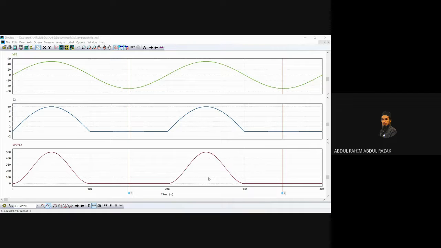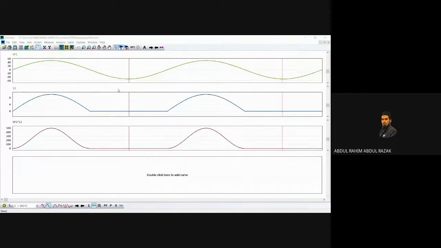Because if we put the ammeter at the source as well, for a simple circuit it will show exactly what we measure at the load. If it is a complex system, for sure it is a different measurement.